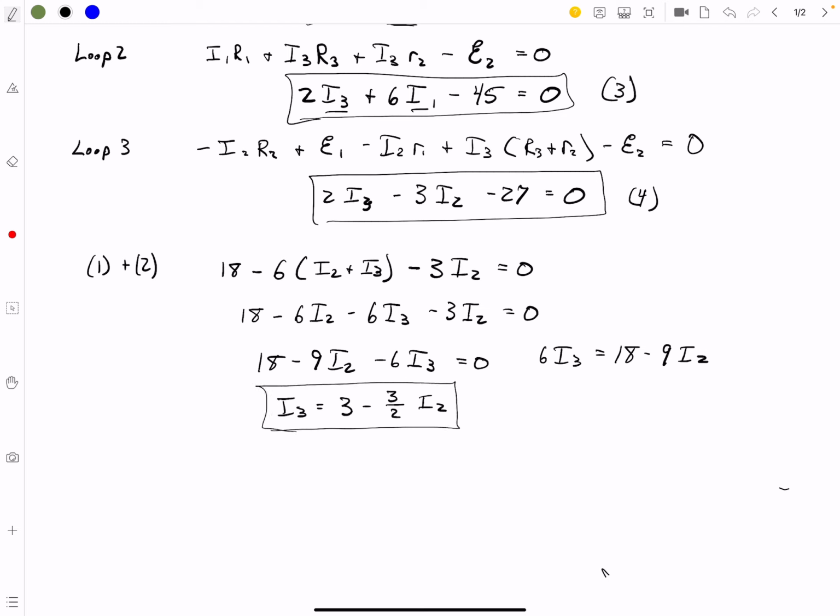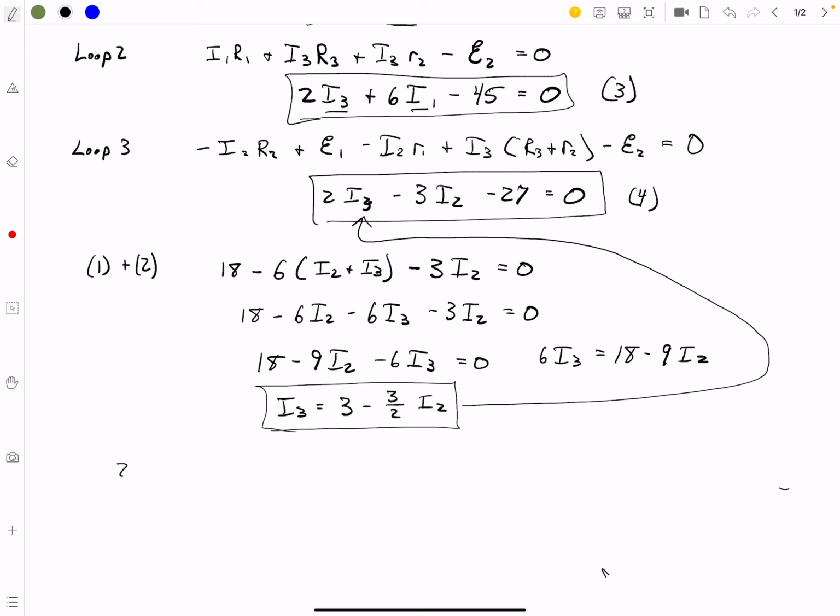And now we can take this equation and run that I3 right in there and solve for I2. So that's what we're going to do. We're going to insert that into equation 4.